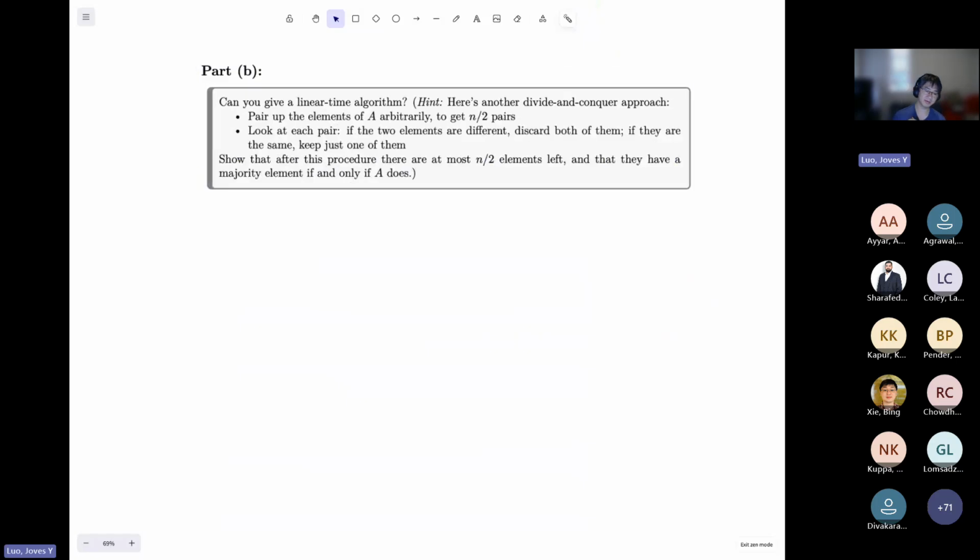Can you give a linear time algorithm? Here's another divide and conquer approach. Pair up the elements arbitrarily, so you get n over 2 pairs. Look at each pair. If the two elements are different, discard both of them. If they are the same, just keep one of them. Show that after this procedure there are at most n over 2 elements left, and that they have a majority element if and only if A does.